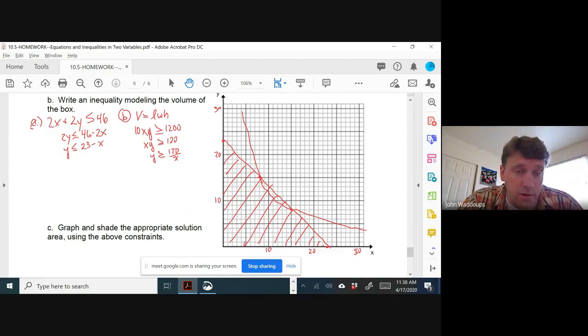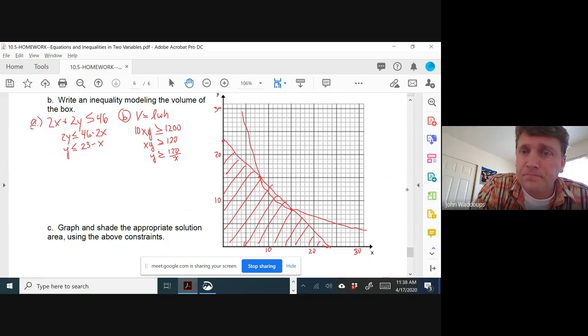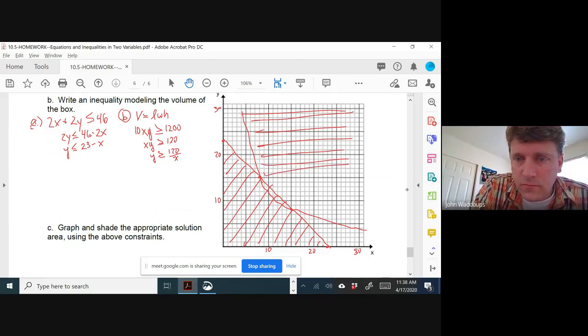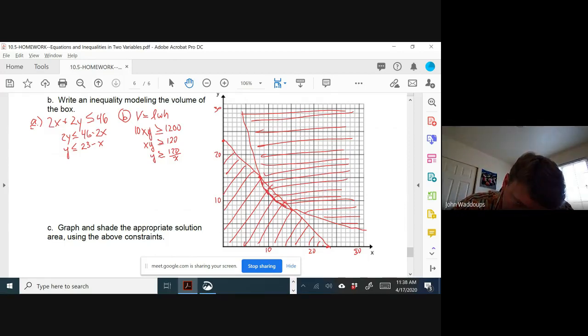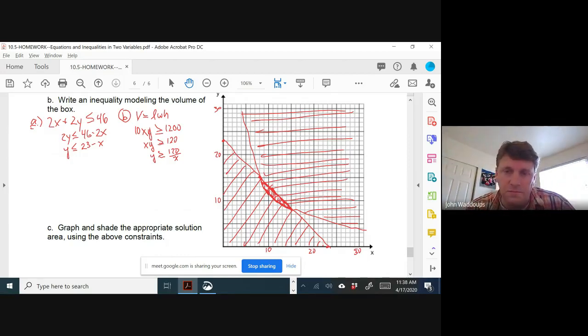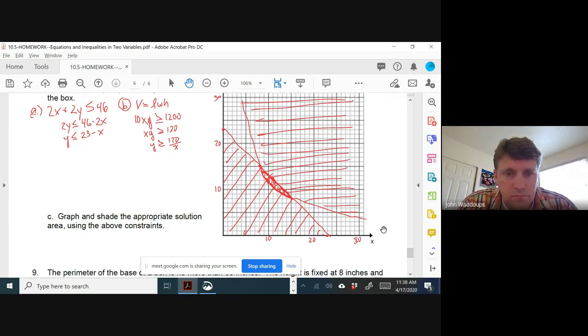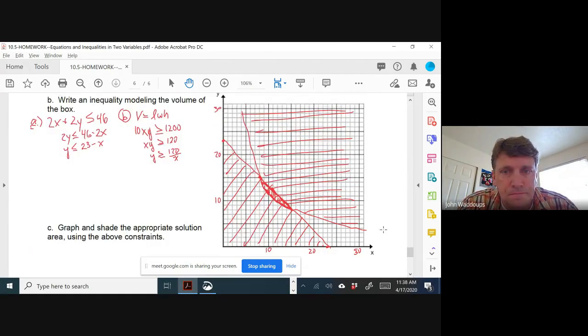And the other one, y greater than or equal to 120 divided by x, is shaded above the curve. And the place where they overlap would be that little section there in between. And that's it for number 8.